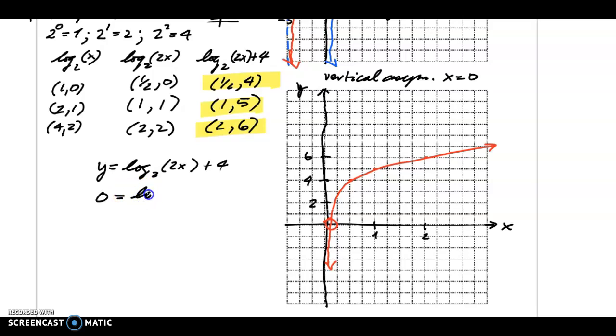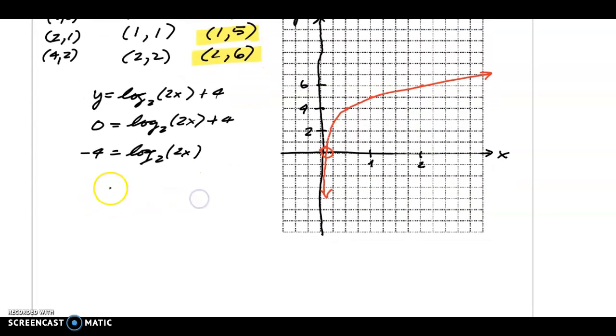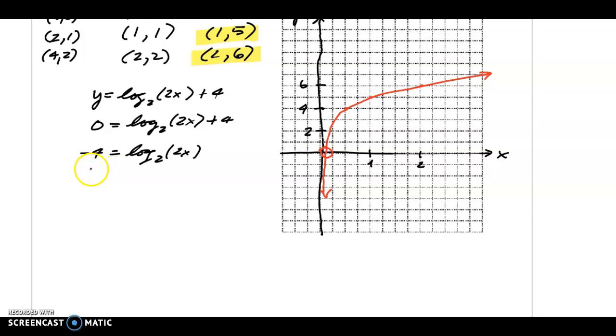This is going to be minus 4 equals log base 2 of 2x. Now to figure this out, it's going to be very small, notice, because this is a half. So we already know it's less than a quarter, and we'll see that it should be.